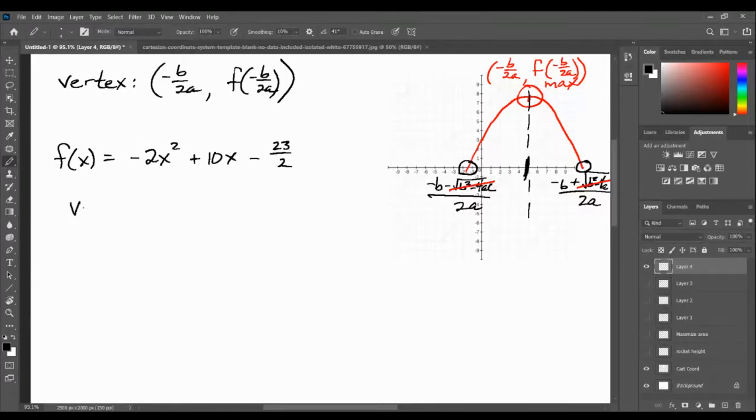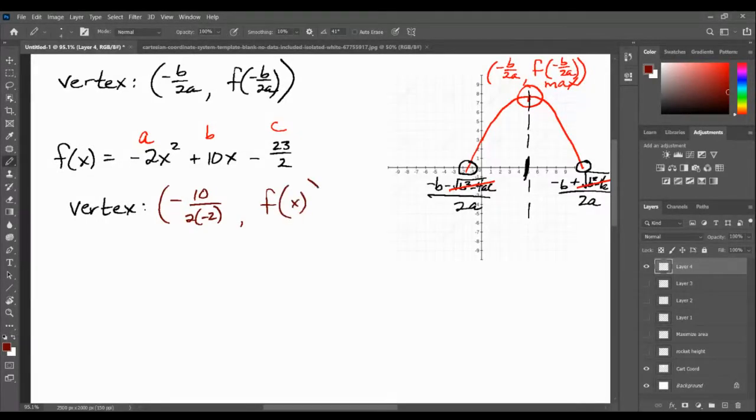So to get the vertex, a is negative 2, b is 10, c is negative 23 halves, but I don't need that for my formula here. I just need negative b over 2a. And then the function evaluated at that.